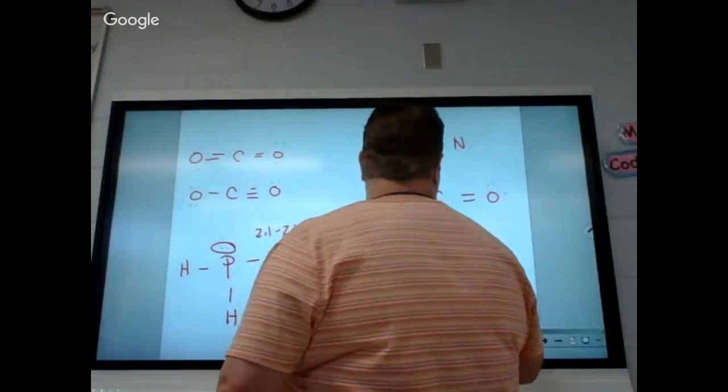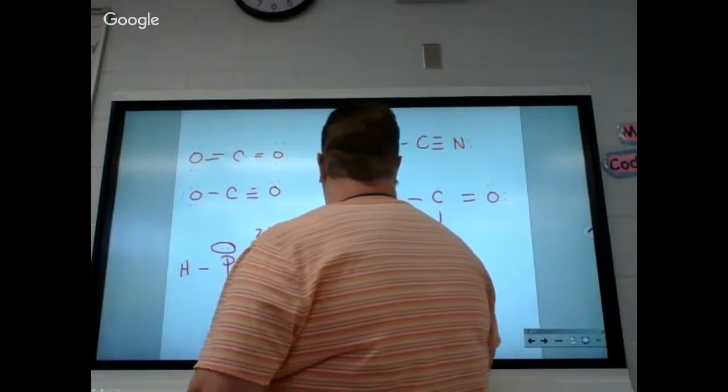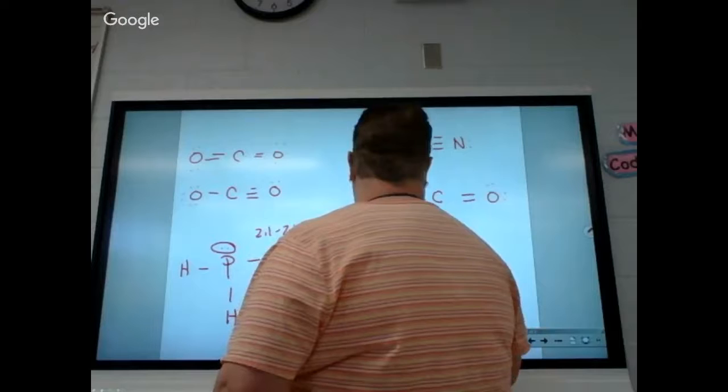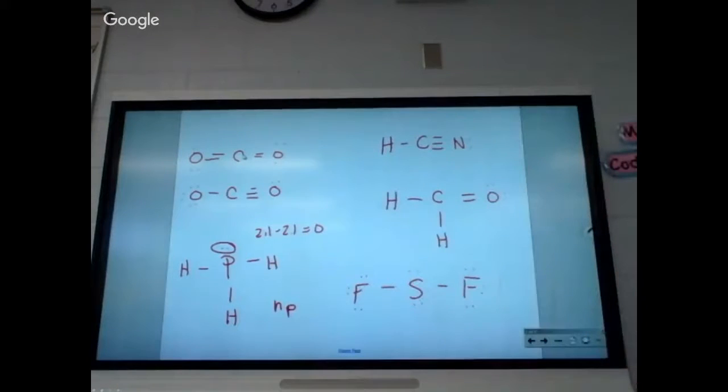SF2 has 20 electrons. All right, SF2, what geometry is it? Bent. It has 2 and 2. Is it polar or non-polar? It's polar. Guys, it's got lone pairs.